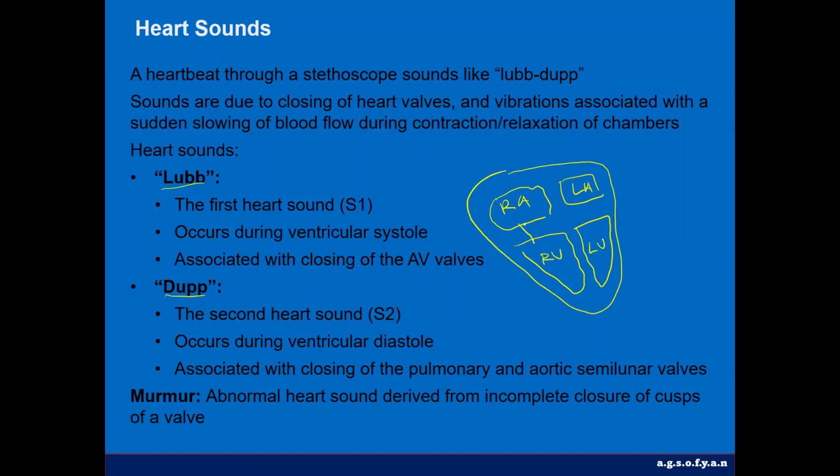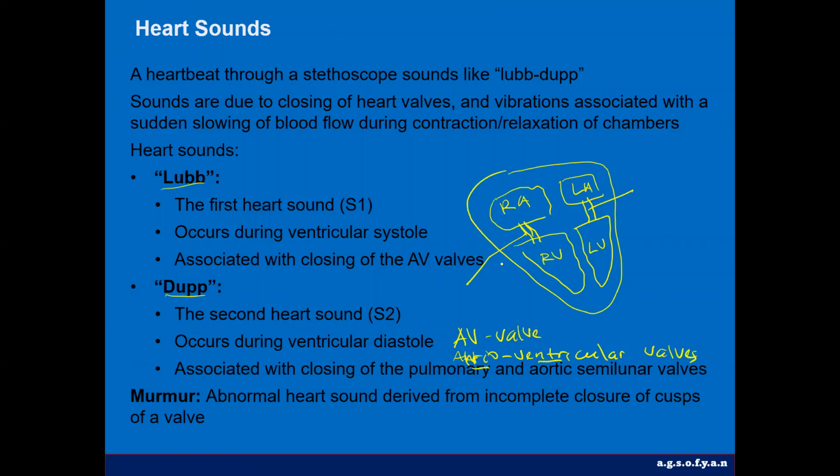And there is a connection between the right atrium and the right ventricle, and the left atrium and the left ventricle. That connection uses what we call a valve. Both of these valves are called the AV valves. AV means atrioventricular, the valve that is located between atrium and ventricle.